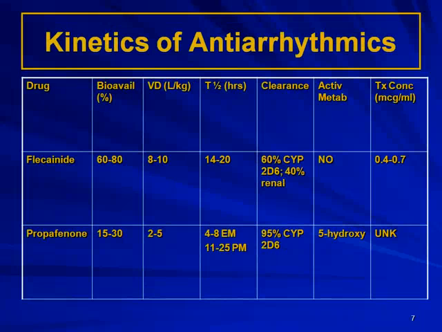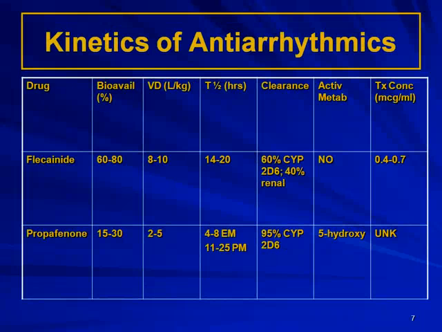I think the key here is both flecainide and propafenone are cleared by 2D6. And again, there are genetic determinants of the amount of 2D6 you have in your system, in your liver. And so there are poor metabolizers, extensive metabolizers.